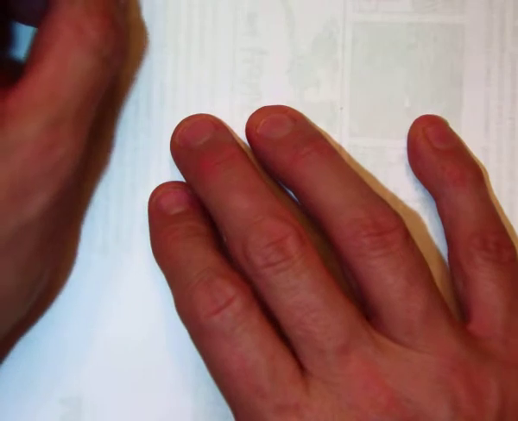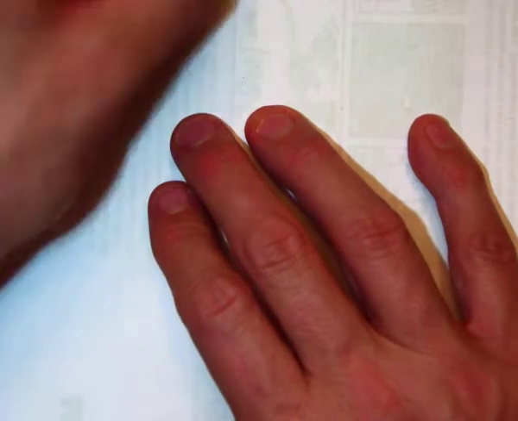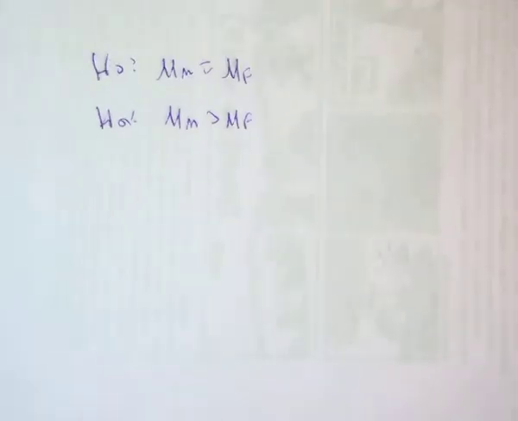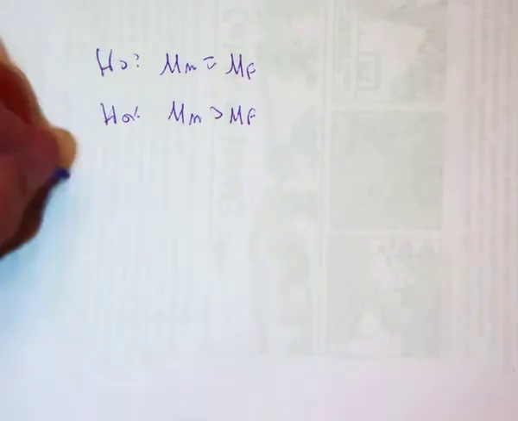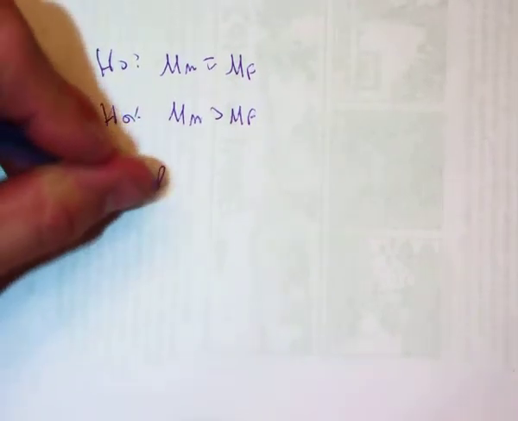Okay. Now if I wanted to do a hypothesis test, my hypothesis would be mu of males equals mu of females, and then my alternative hypothesis would be mu of males is greater than mu of females. Now we've already tested the conditions. The name of this would be a 2-sample t-test.